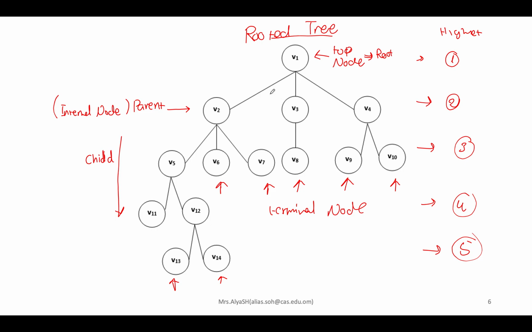So we can see here 1, 2, 3, and 4. So the level of this tree is equal to 4. And if you notice here, level is basically equal to height minus 1.